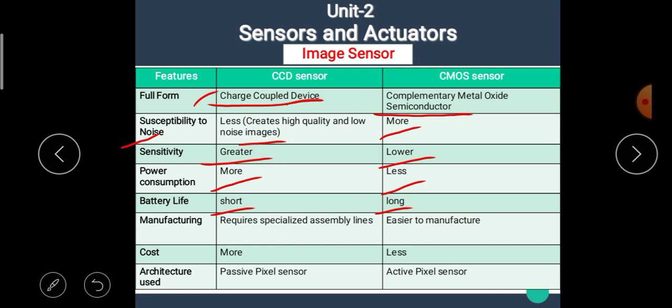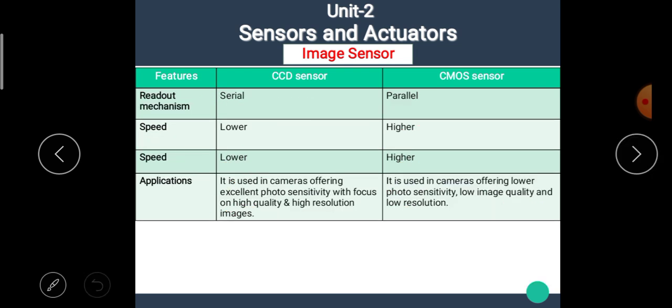The manufacturing of CCD requires specialized assembly lines, while the manufacturing of CMOS is easier. The cost of CCD is more, while the cost of CMOS is less. The architecture used in CCD is passive pixel sensor, while architecture of CMOS is active pixel sensor. The readout mechanism of CCD is serial, while that of CMOS is parallel. The speed of CCD is lower and the speed of CMOS is higher.